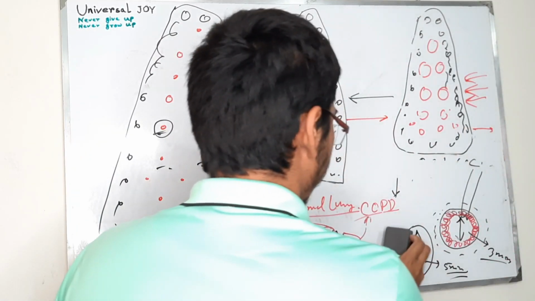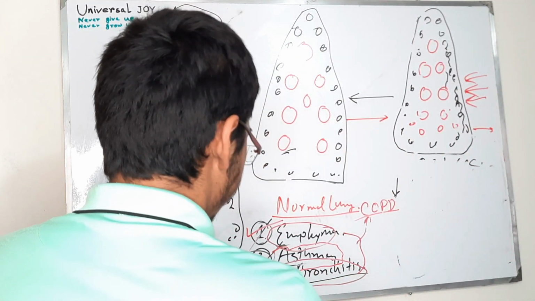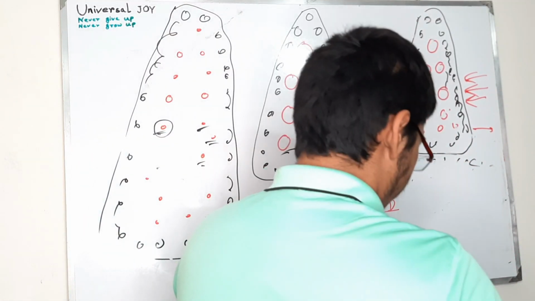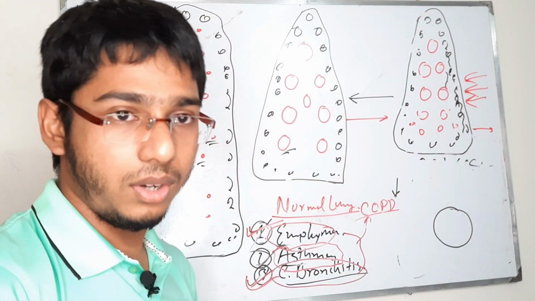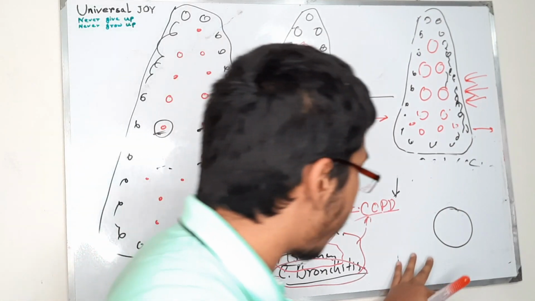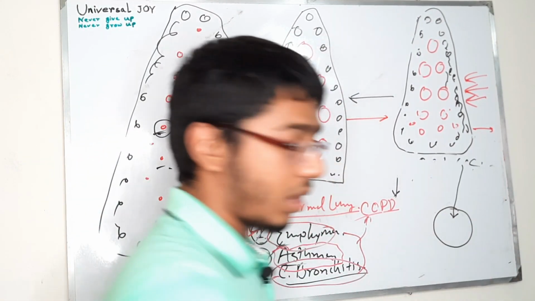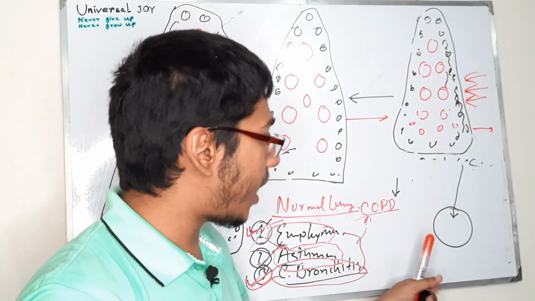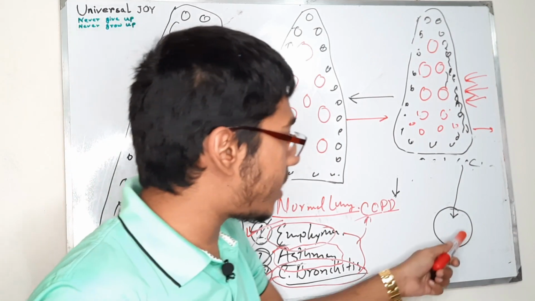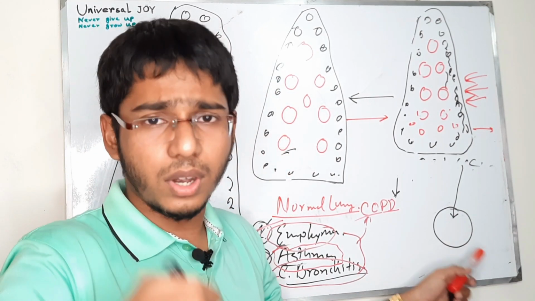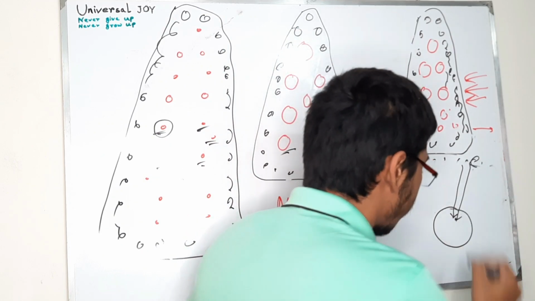Now in emphysema, what really happens is that there is an airway which is very normally found in the normal individual. Due to the engulfing of a huge amount of carbonaceous particles, or if a person keeps on smoking for a longer period of time, then he or she will engulf a huge amount of carbonaceous particles.